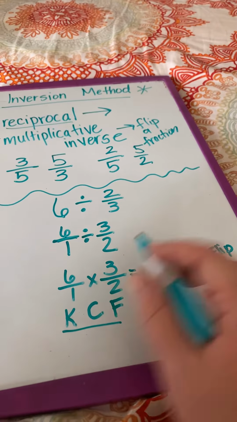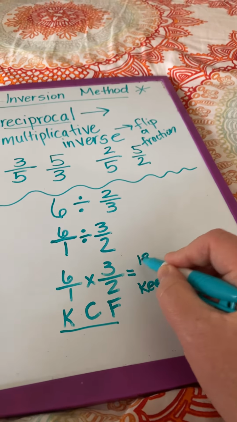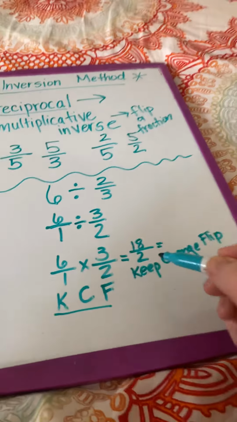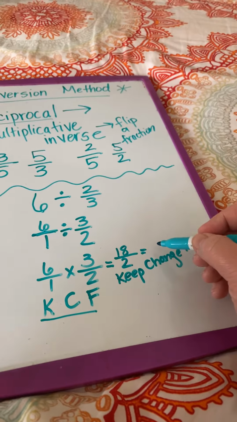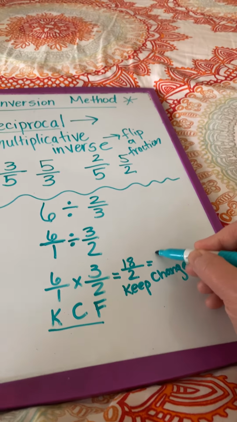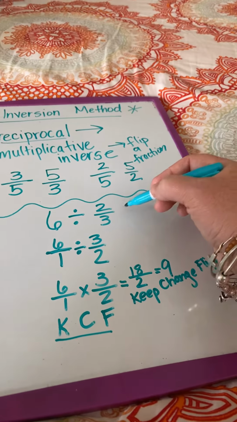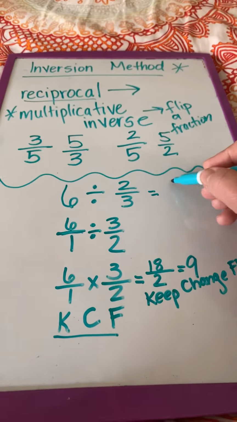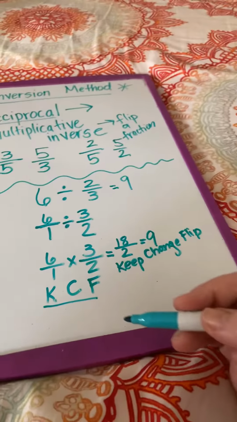So 6 times 3 is 18. 1 times 2 is 2. This is an improper fraction. What's it going to equal? You got it. You have to divide. It'll be 9. So the answer to my problem, 6 divided by 2/3, is 9.